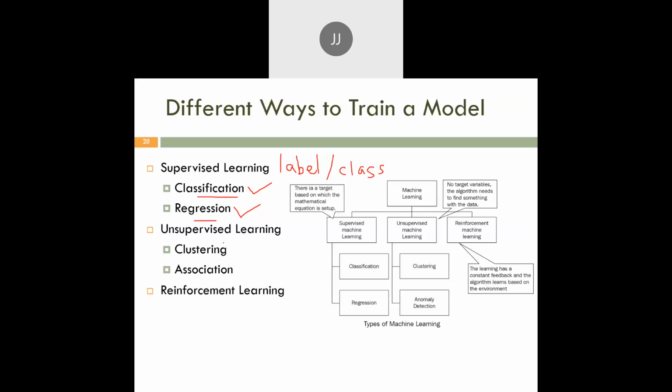To compare with unsupervised, they do not have any label, they do not have any class. So what we can do is perform segmentation or clustering. We group them based on their characteristics, based on their features. We can also perform association, which is what we call the market basket analysis. And reinforced learning, we will not cover this.